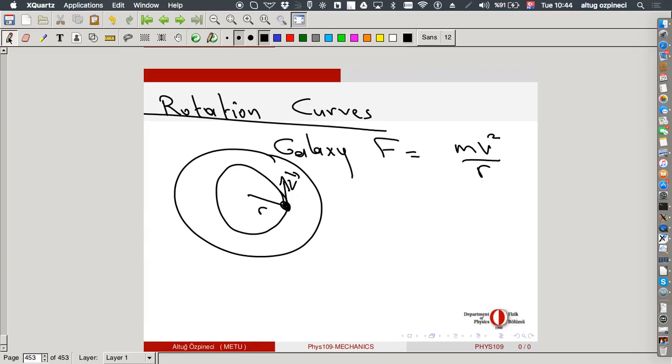Now, this force will be gravitational force. That's the only force available.